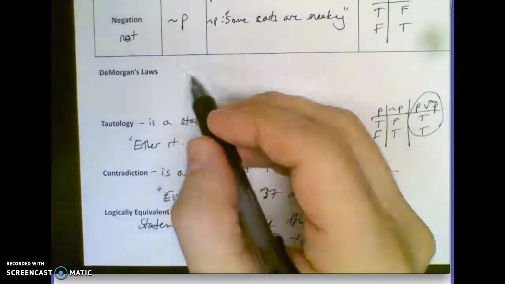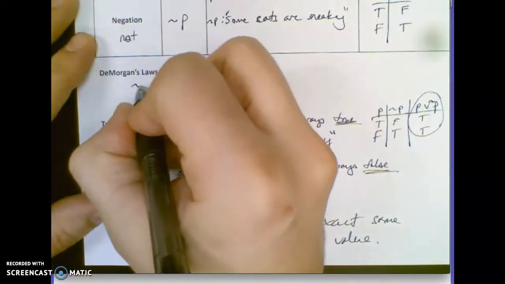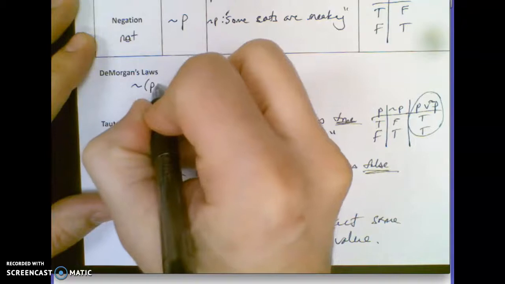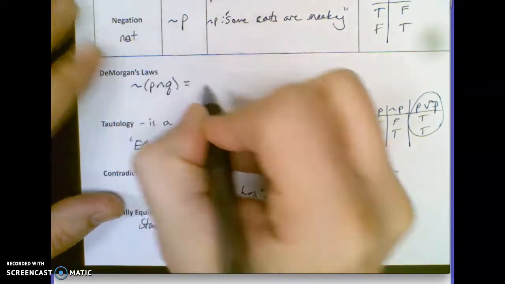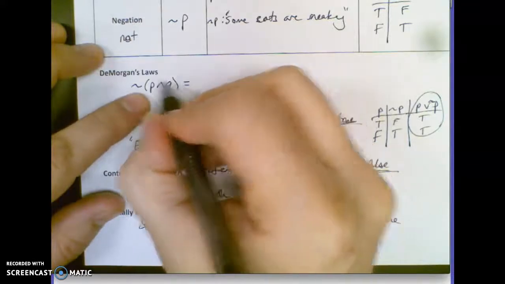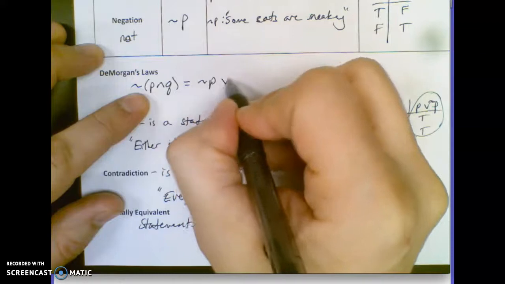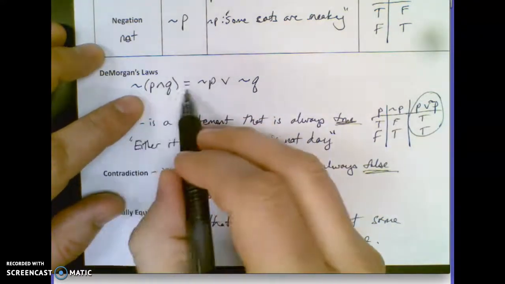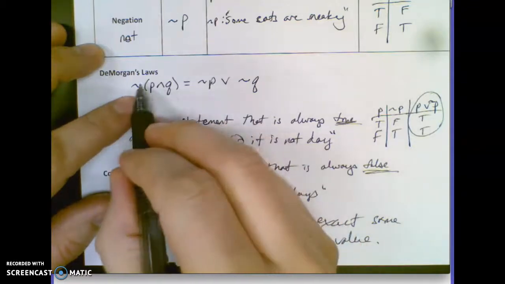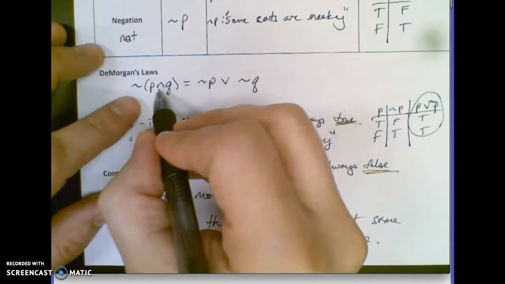De Morgan's laws: if you ever have a not in front of an and, what does it do? Not (P and Q) actually turns into not P or not Q. It's kind of like the not distributes to both pieces, but it also changes your symbol.